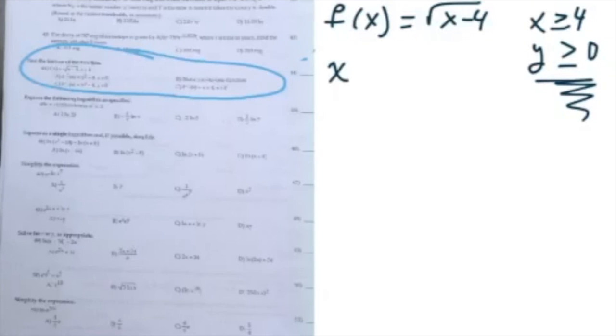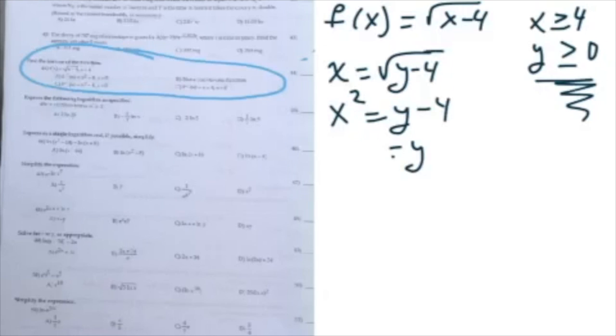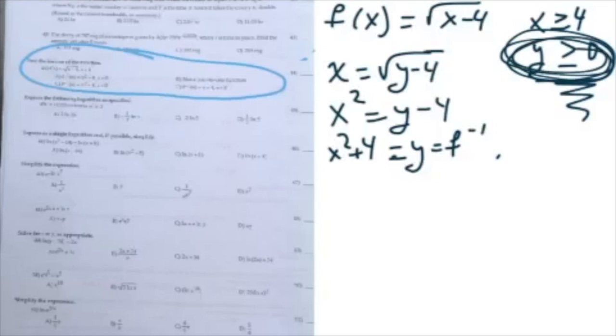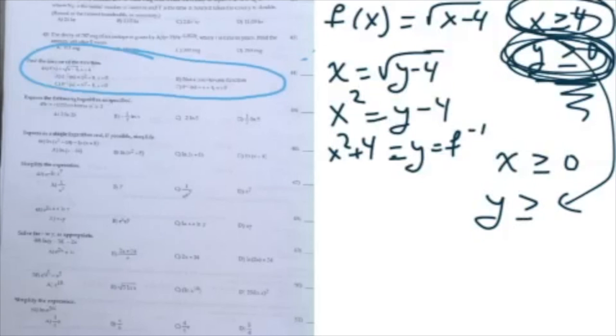So now, to find the inverse, interchange the x and y, solve for the new y. You've seen that, right? Square both sides. Look how much fun we're having, right? Slide that over, and you get x squared plus 4, which you would think is just a good old-fashioned U shape. But remember, this range becomes the domain, just like this domain becomes the range.